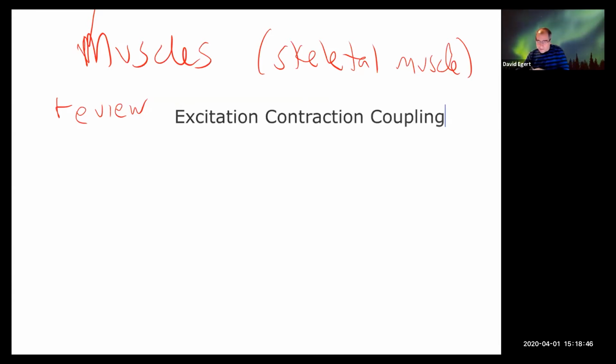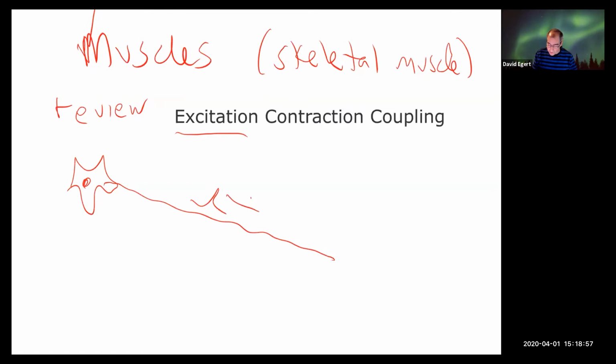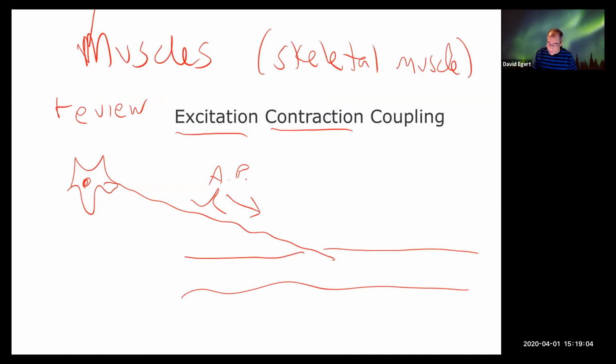So the basic idea, excitation is the signal coming down from some motor neuron. There's some action potential. Contraction is you actually have a muscle cell here.